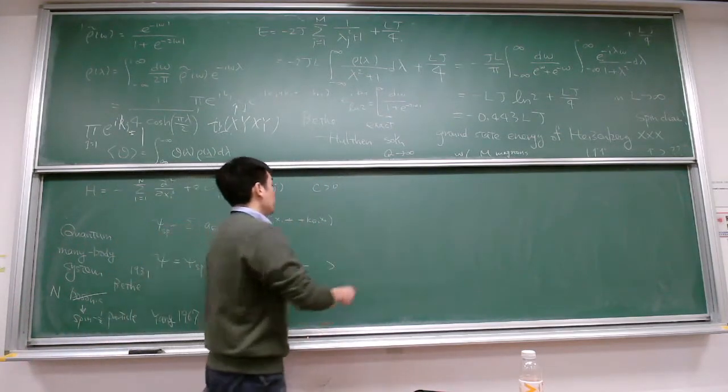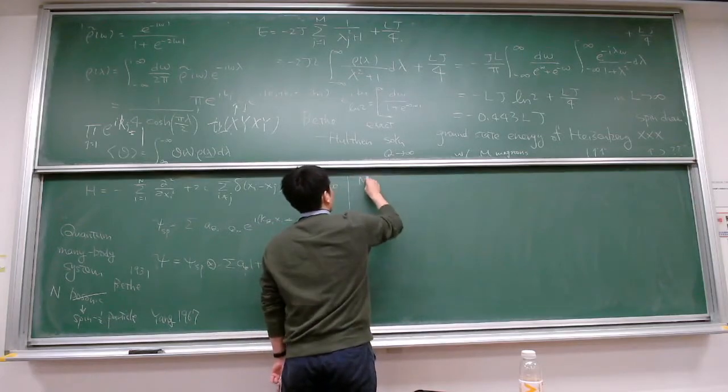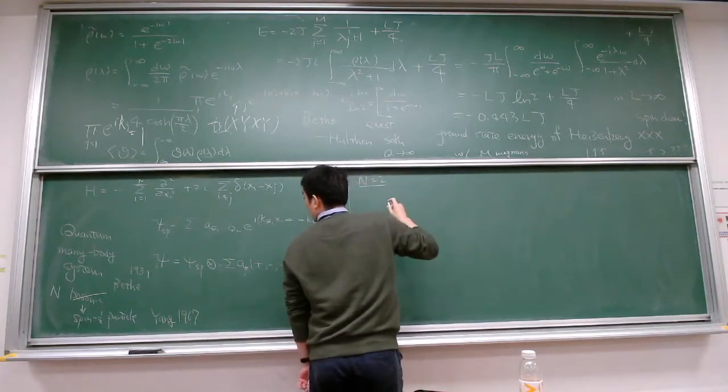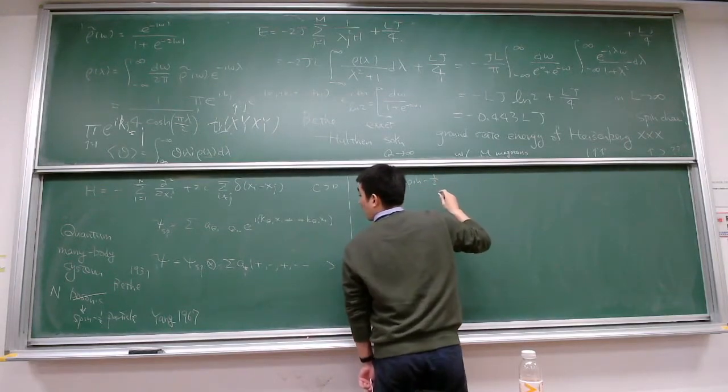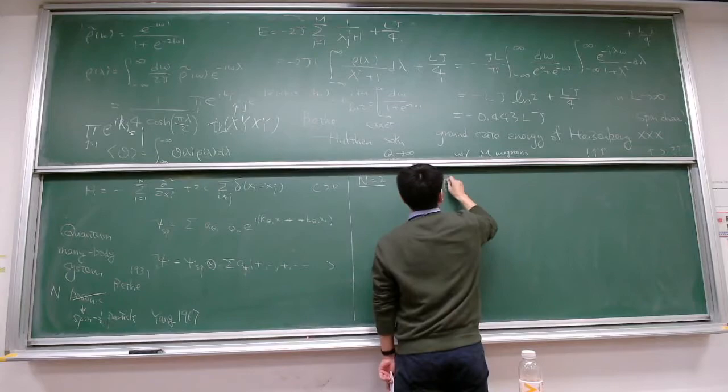So again, we just consider the n equal to 2 case, spin 1/2 particles.